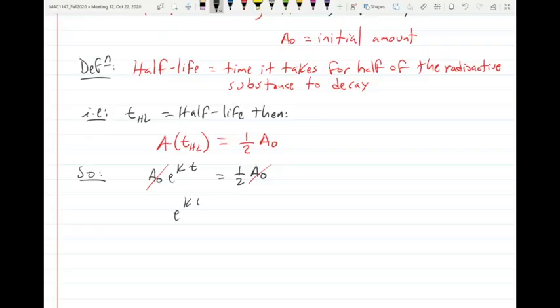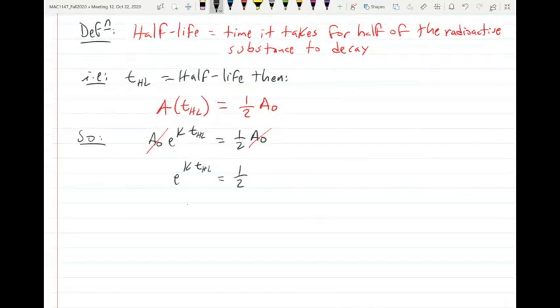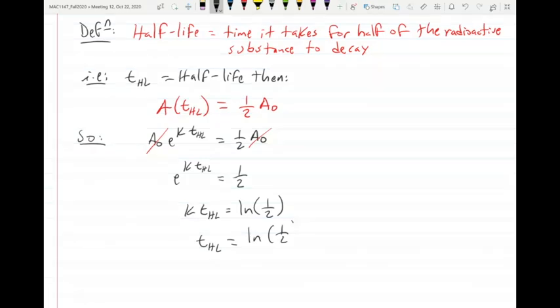So we have e to the k t_HL, because now we have half-life, equals 1/2. So k t_HL equals ln of 1/2. So we have that the half-life is going to be given by ln of 1/2 divided by k.